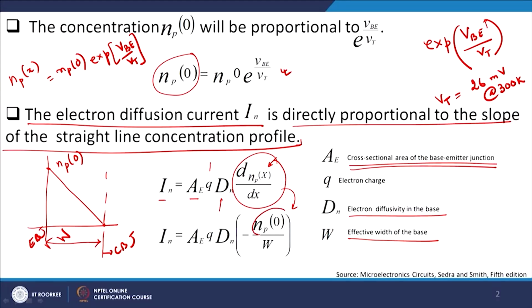If it has some finite value, obviously this will be a lowered value, and therefore I would get a lower current, right. So, the higher the gradient between emitter base and collector base in terms of concentration, the larger the current I would expect to flow in this region, right.